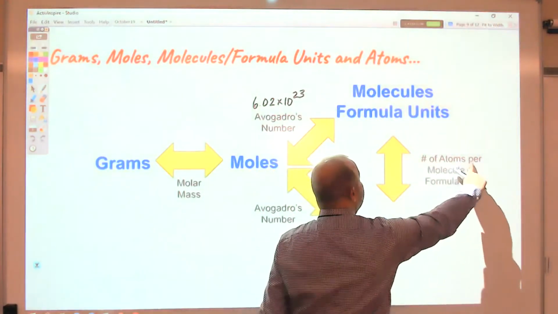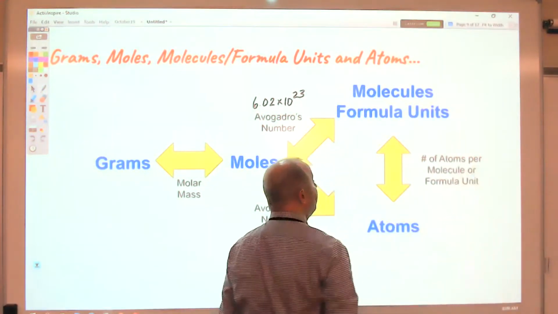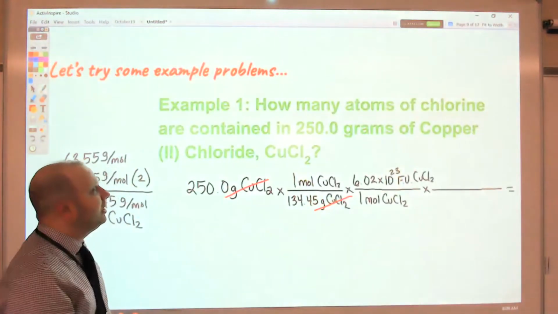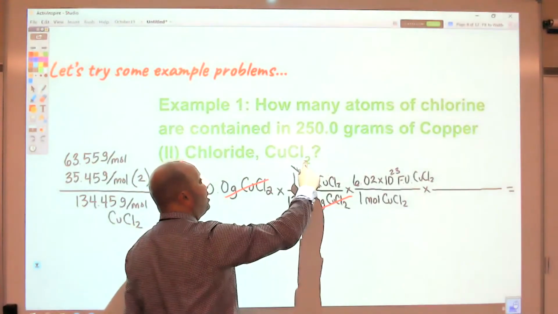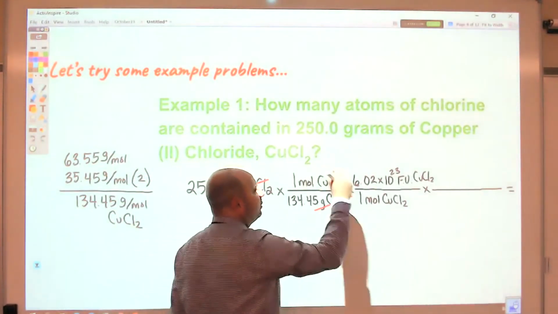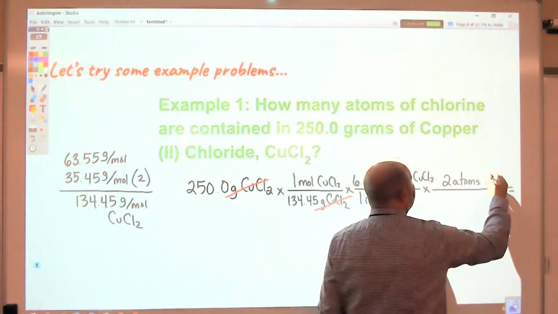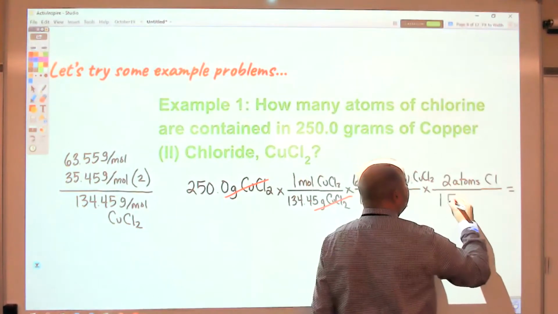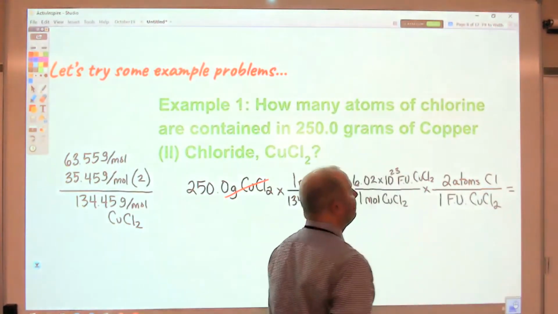The number of atoms per formula unit. So in this case, for every formula unit of CuCl2, I have 2 atoms of chlorine.